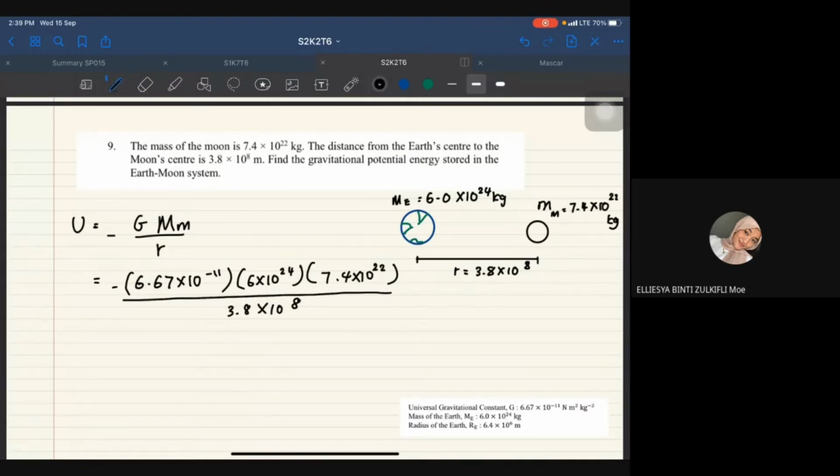Yang lain sama? Now if you press your calculator, dapat here negative 7.79 times 10 to the power of 28. It will be negative, betul. Unit dia apa?